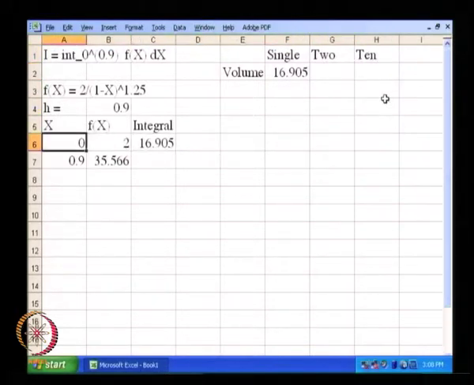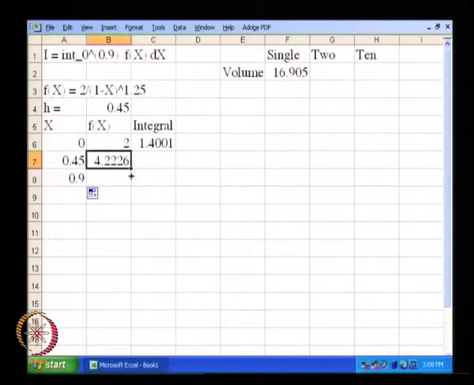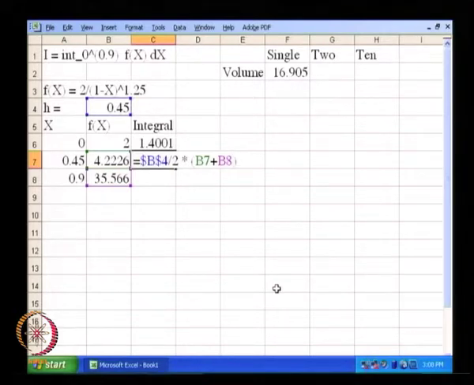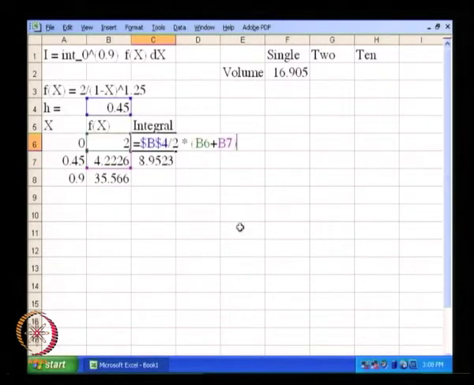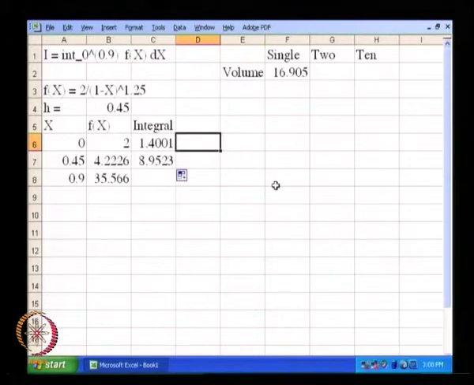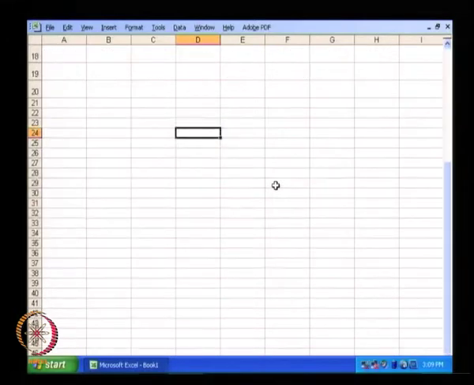Now, if we were to use 2 applications of the rules, our h is going to be 0.45, and we just have to drag this once, drag this, and if we do f1, we will get the appropriate value. If we do f2, again we will get this appropriate value, and our total volume is going to be equal to this plus this.